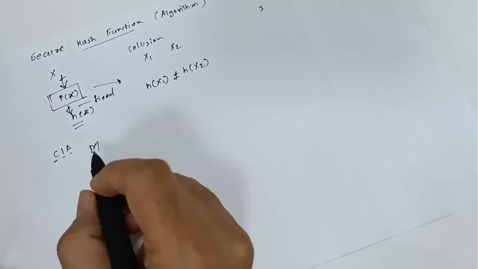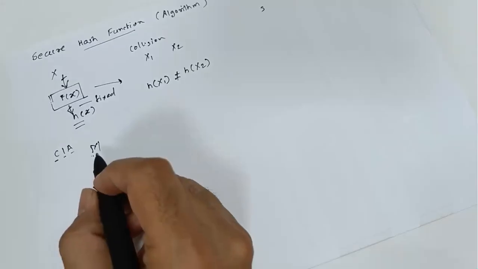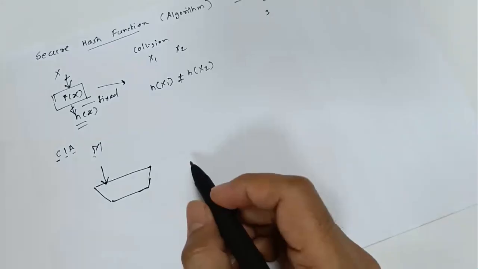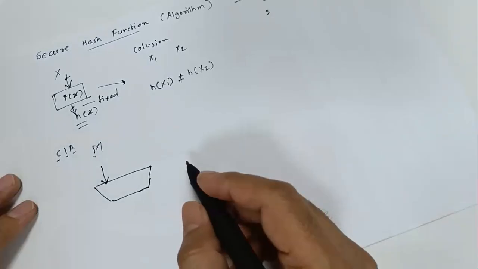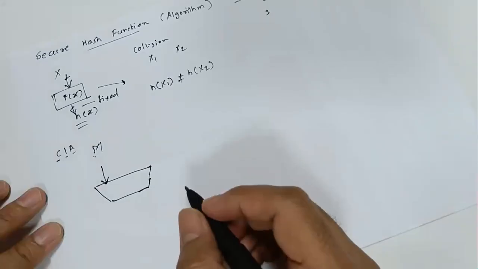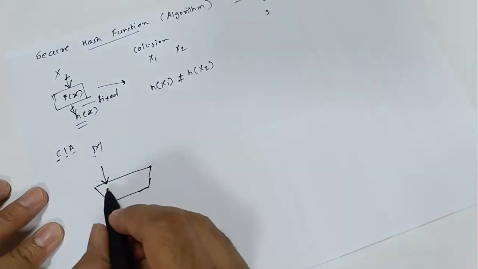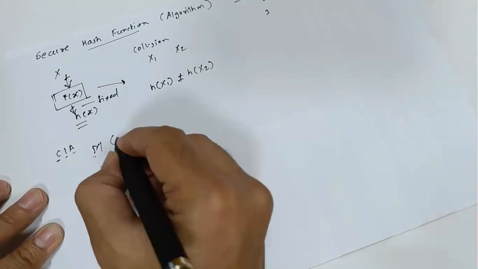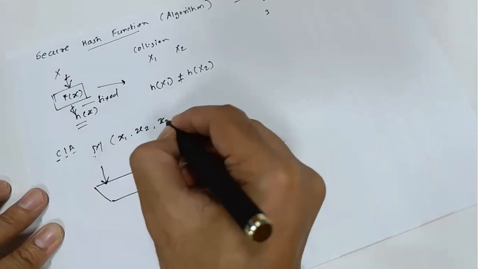If you are considering a 5 MB file, the size of this message is 5 MB. If you are just giving a 2-digit number, then it is a different size. So for this SHA function, what you do is you divide this message into a number of blocks, x1, x2, x3, and so on.